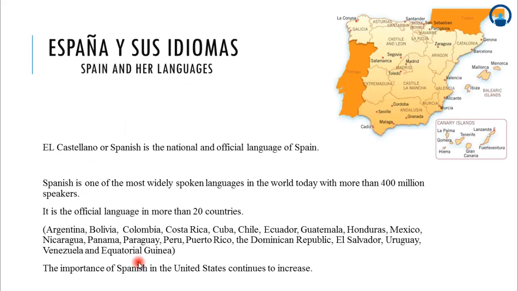Before we start learning the language, let us first understand a brief background of the Spanish language. On the top right corner, you can see the map of Spain just for your reference. El Castellano or Spanish, also called Español, is the national and official language of Spain. The map illustrates the regional distribution of languages across Spain.